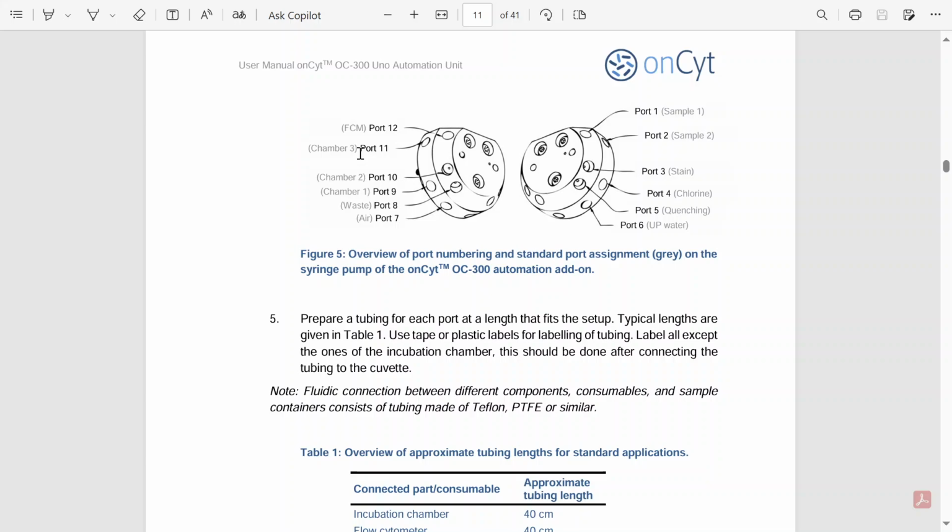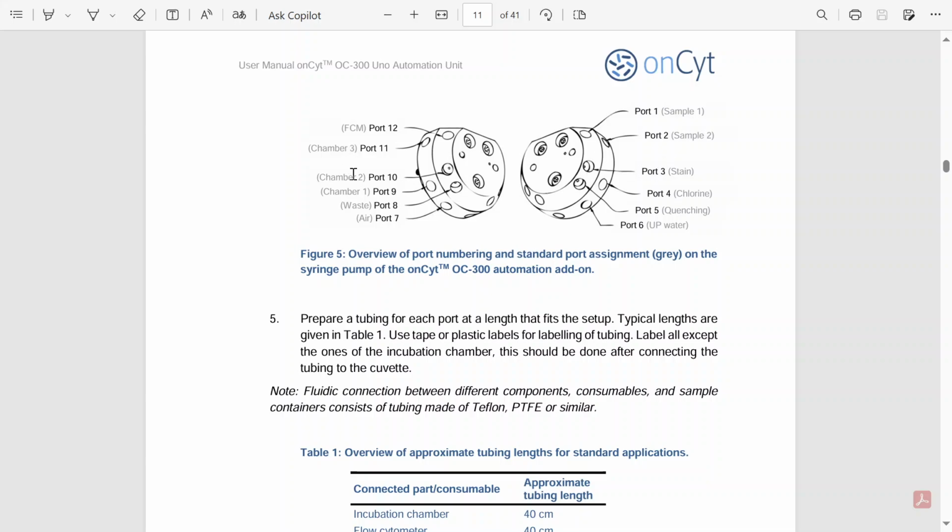So chamber 1 to chamber 3 are similar to the cuvette you use to mix the samples after staining. For example, if I want to use only chamber 1 and two stainings in one line, I will just pump the solution to chamber 1, which is port 9, and then mix them here.